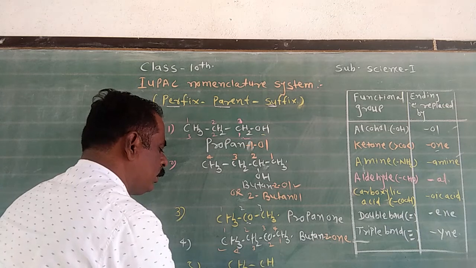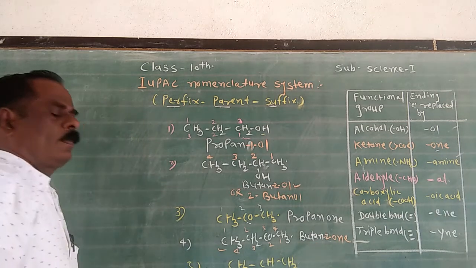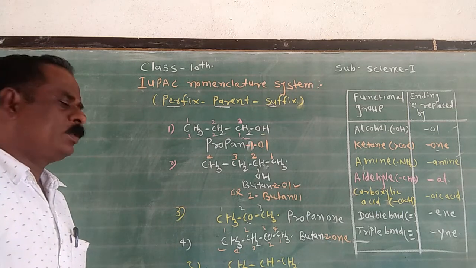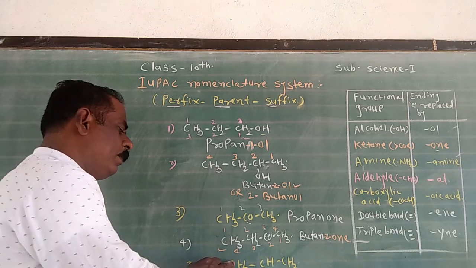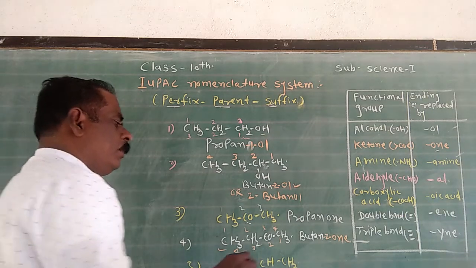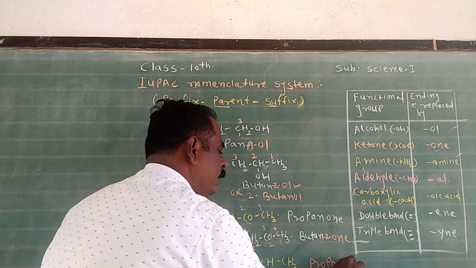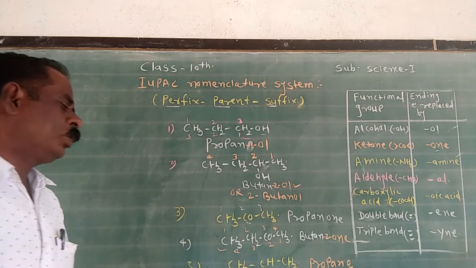CH3, CH, NH2, CH3. What is the name of the compound? How do you write it? Count the number of carbons present here: 1, 2, 3. The parent name is propane because 3 carbon atoms are present. Which functional group is present?